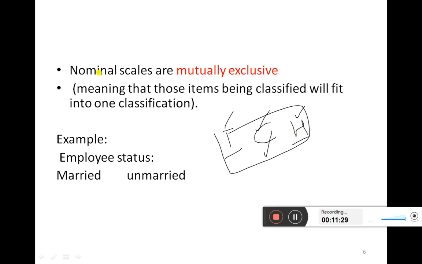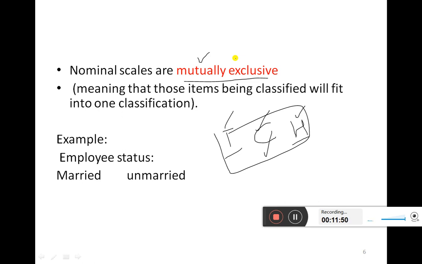The other thing is that nominal scales are mutually exclusive. What does mutually exclusive mean? It means that if one category exists, at the same time the next category cannot exist. Suppose I have a coin.